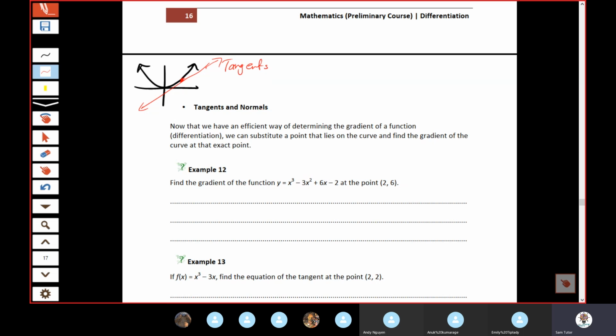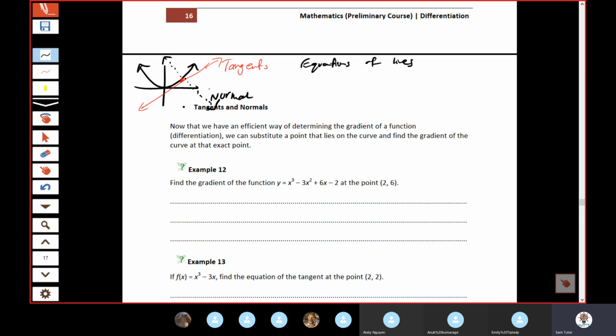And we have normals. Now, normals sound very different, but they are just perpendicular to tangents. So your normals are this. They're lines that would be perpendicular to tangents. So they're both equations of lines, right?